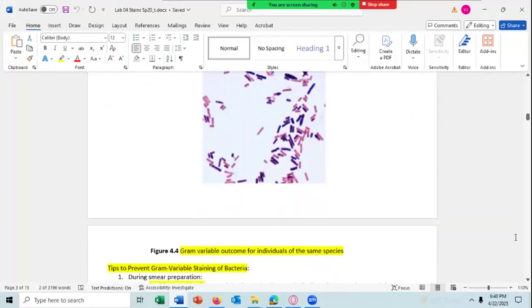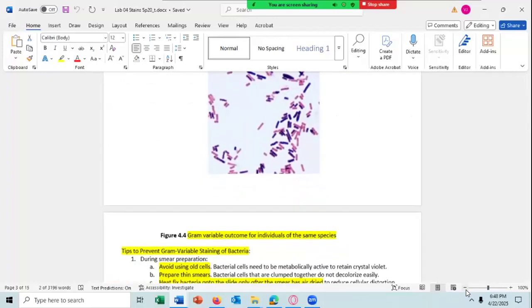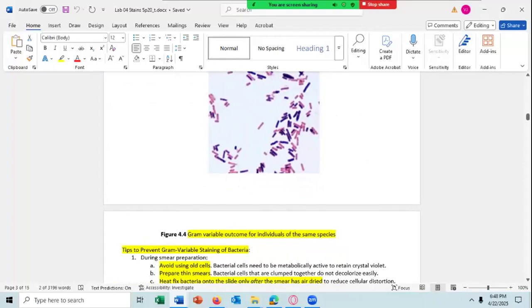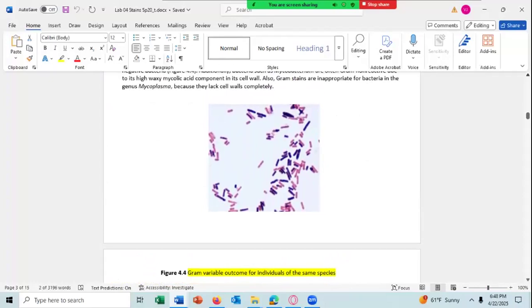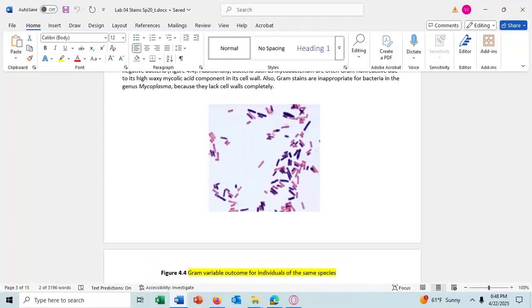Now, there are some cells which give a variable result for the gram stain. And these are always the Mycobacterium. They have a slightly different gram-positive cell wall than the rest of the gram-positive cell wall. The Mycobacteria do not take up the gram stain very well.